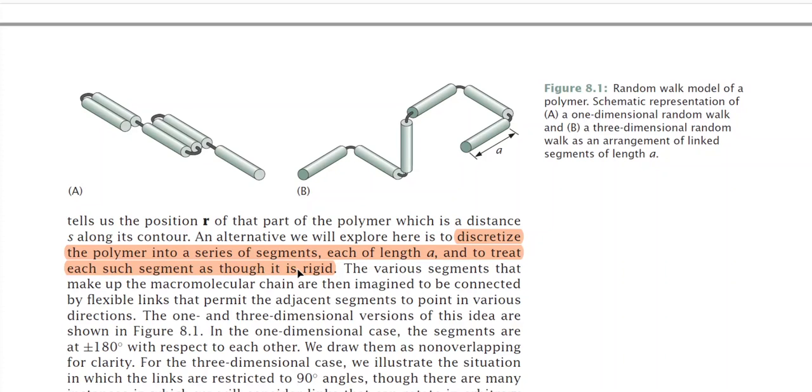So, in this particular model, we will follow this assumption, that is, we will discretize the polymer into a series of segments. You see in this model, a polymer has been discretized into a series of segments, each of length small a, and each segment is rigid.